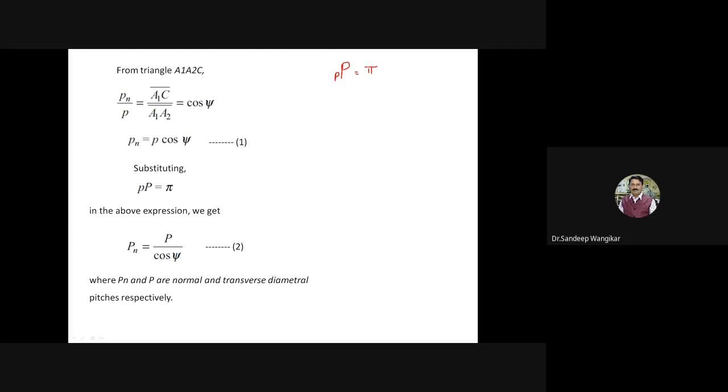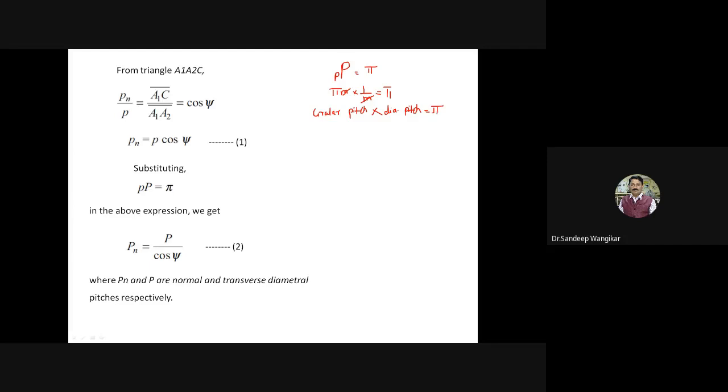Diametral pitch is 1 divided by module, and circular pitch is pi into module. So circular pitch is pi m and diametral pitch is 1 upon m. So ultimately you will get pi. These are all just for your revision, brush up. Circular pitch into diametral pitch is equal to pi.